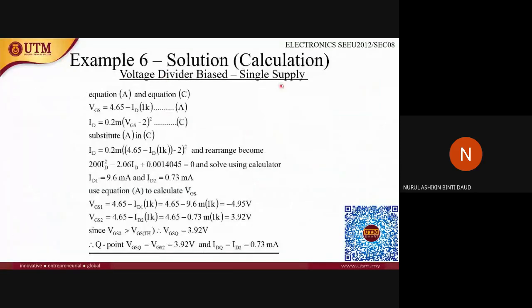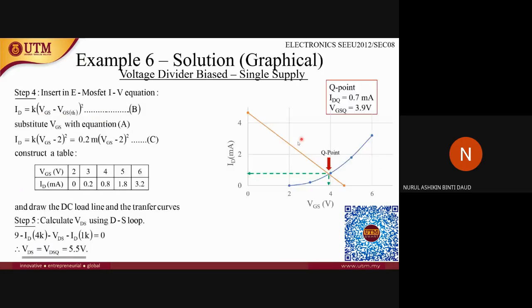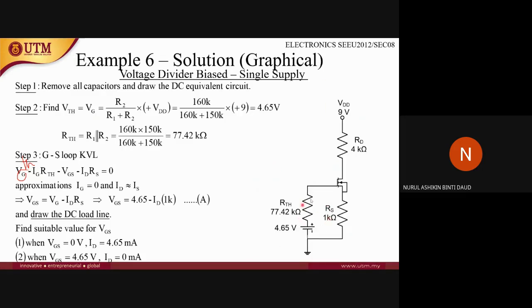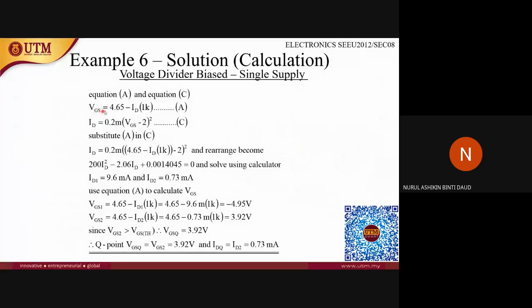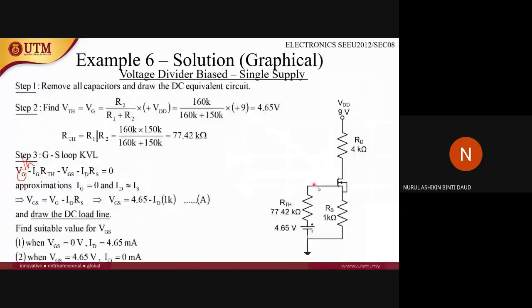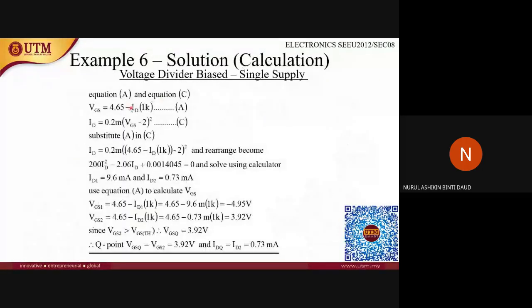How if we are using the calculation methods here? So if you want to use the calculation methods, first of all, you need to come up with this VGS with this loop. You need to come up with this loop first, where it will give you VGS is equals to 4.65 minus IDRS here, and this is one equation.